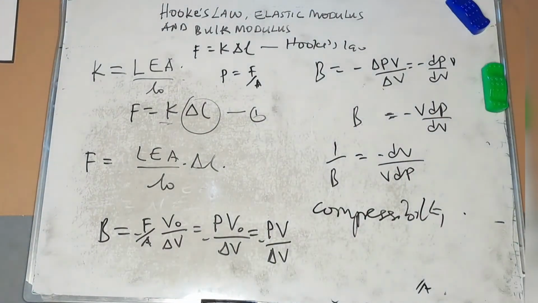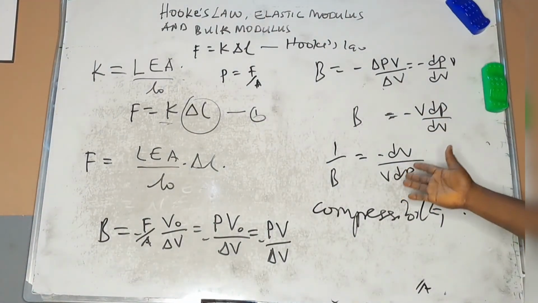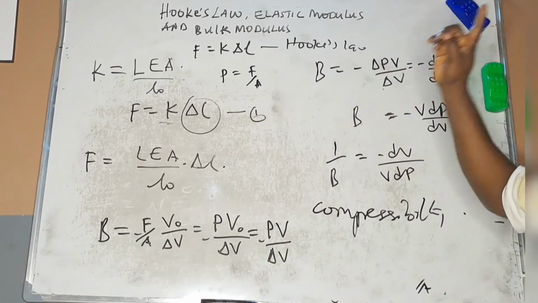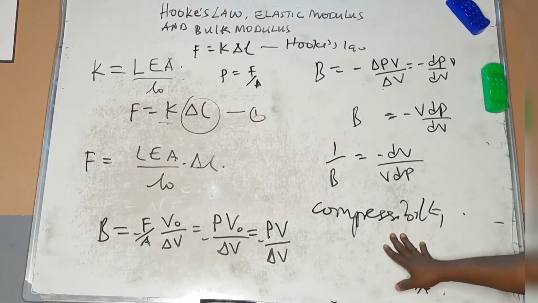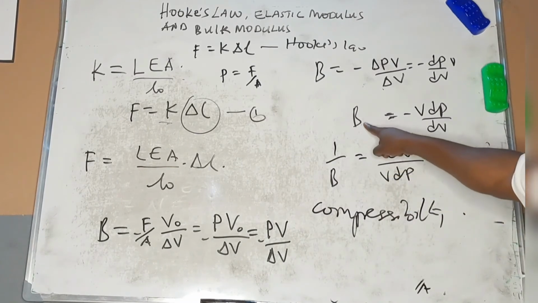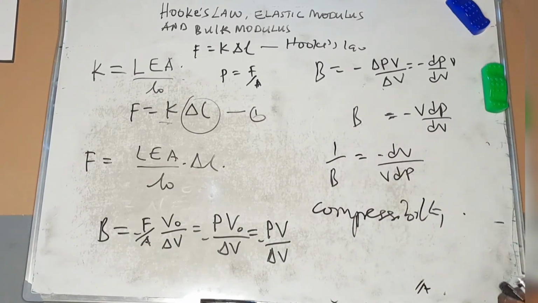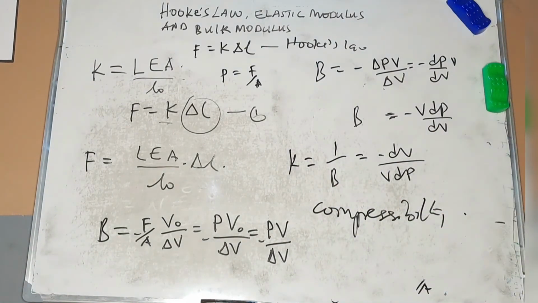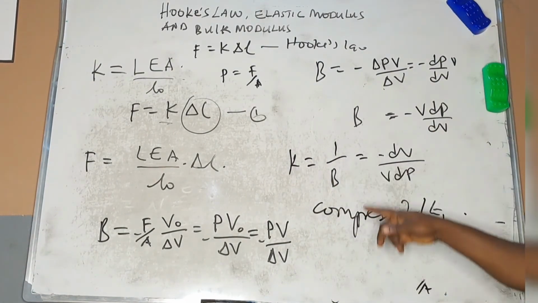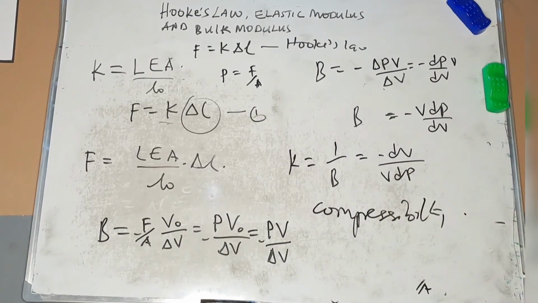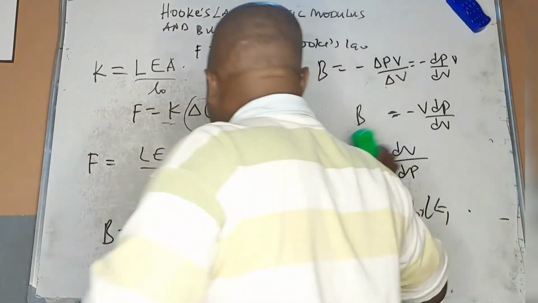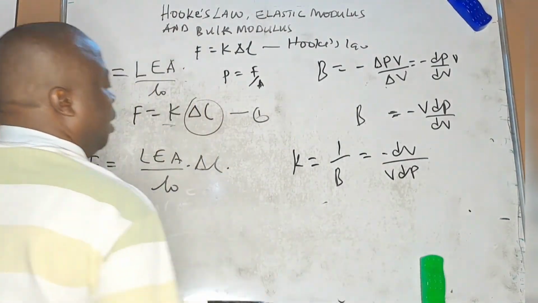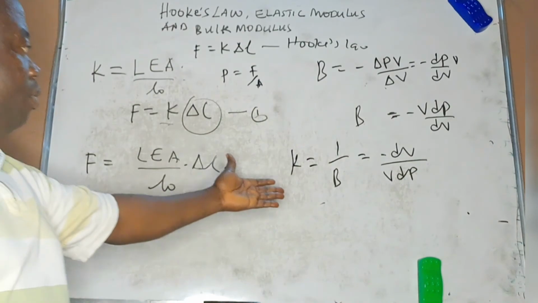Now, we have defined Hooke's law, we have defined elastic modulus, we have defined bulk modulus, and we have defined compressibility. Now, you will see some people writing compressibility as K, which is 1 over bulk modulus. Now, I can check how volume changes from this equation.